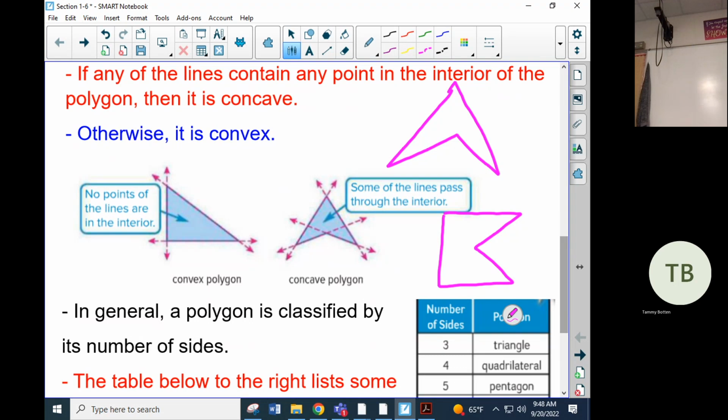Right? Isn't this kind of caving in? So notice if I were to extend this side, I go inside of the figure. If I were to extend here, I go inside of the figure right here. But if that makes sense to you, that this is caving in, this is caving in, then you would have a concave figure, okay? Another example, it could even be just this little bit that it caves in, and that still would be concave. Okay.